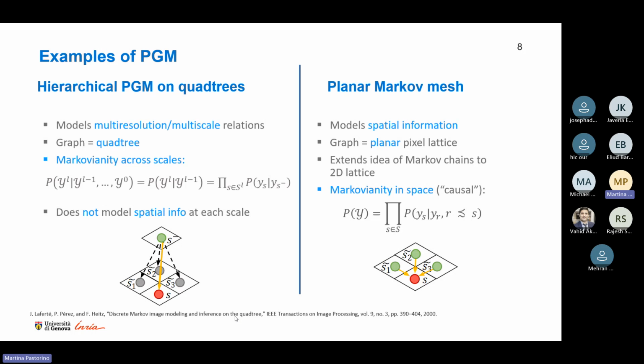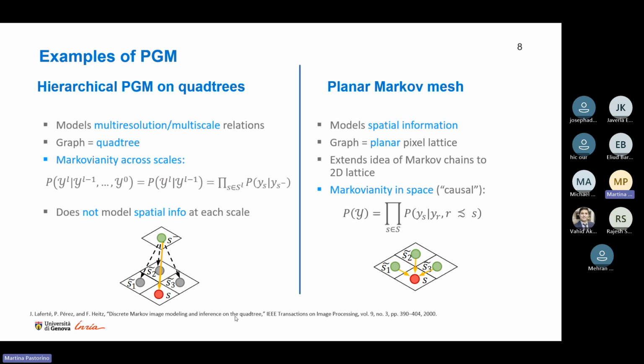The graph in this case is this pyramid, and we can model multi-resolution and multi-scale relationships. We have Markovianity across scales with this formula. So basically, we know that the probability of having a certain pixel label is given by the probability of having a certain pixel label in the parent node.